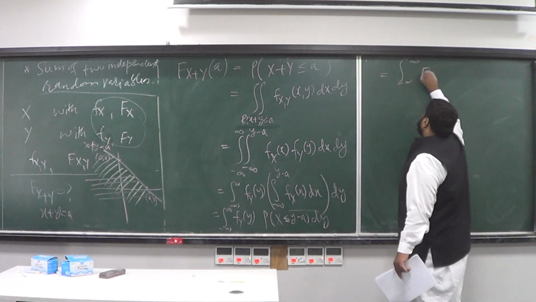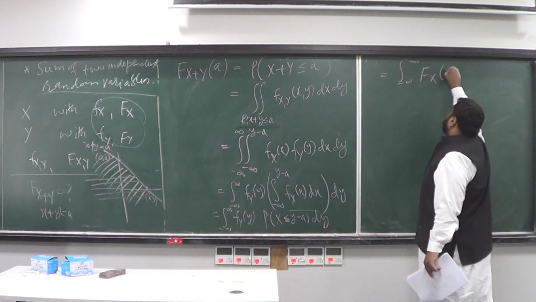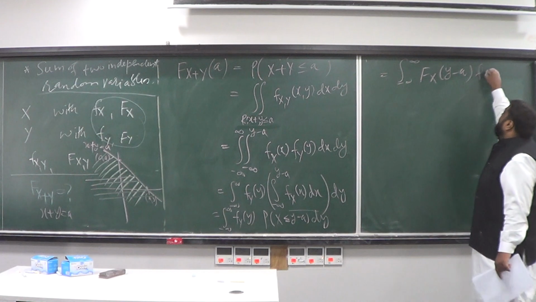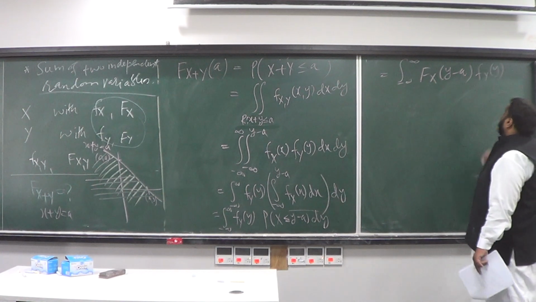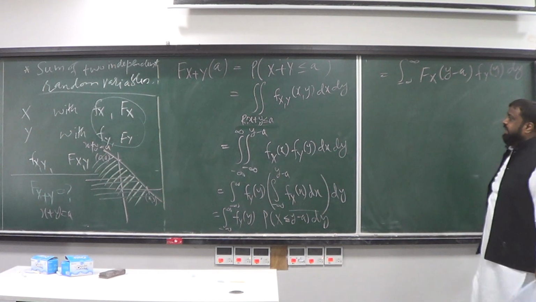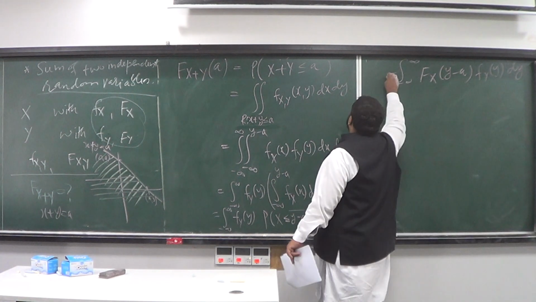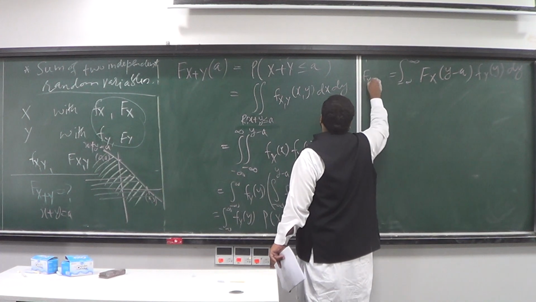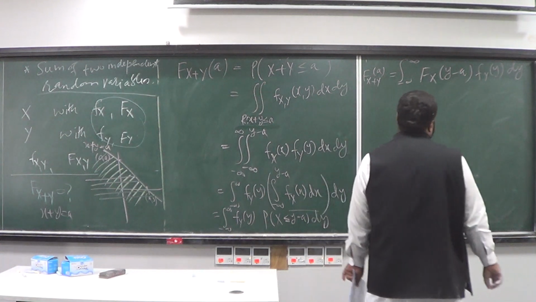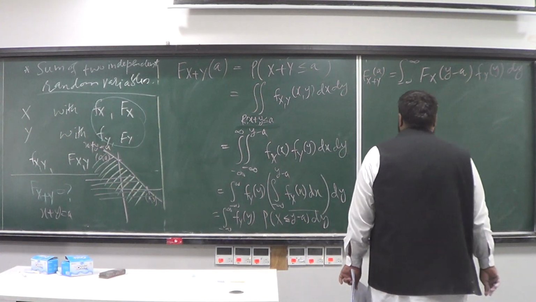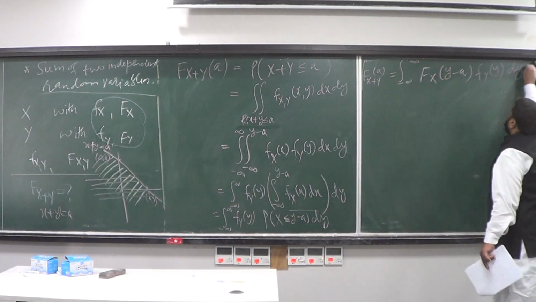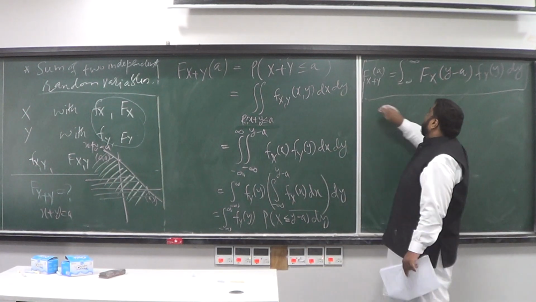So in other words, the c.d.f of x evaluated at y minus a times the p.d.f of y, and the integral of it with respect to dy. So we have a generic formula for the c.d.f of the sum of the random variables, and this is the formula.